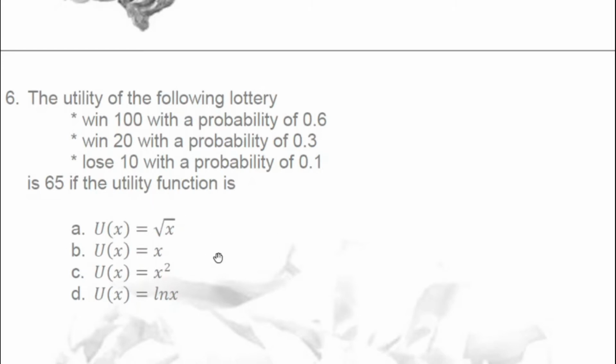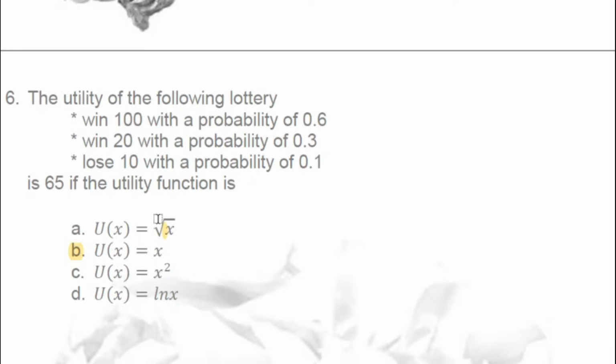We can't know this without doing calculations, so we should try each of these. Well, I tell you that the answer is this one, and I will show you now. You should begin with A, try it.